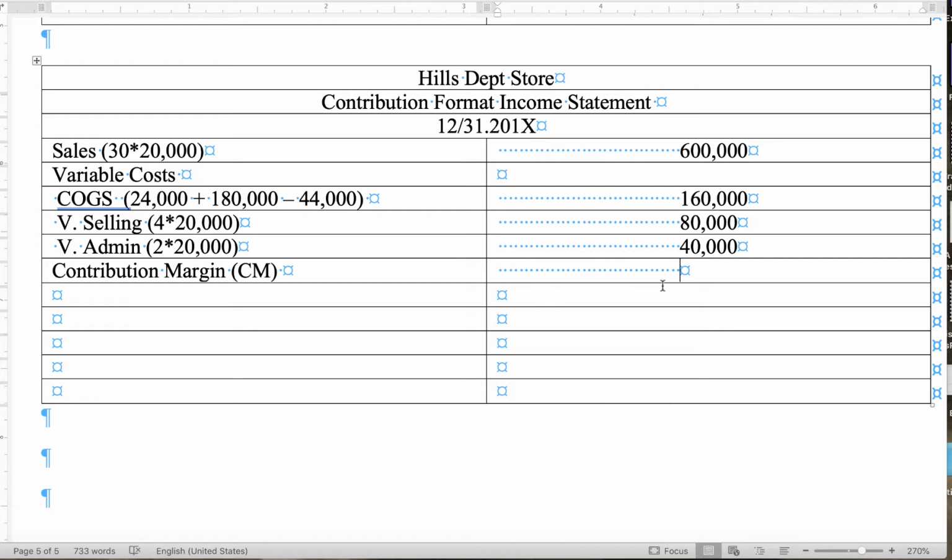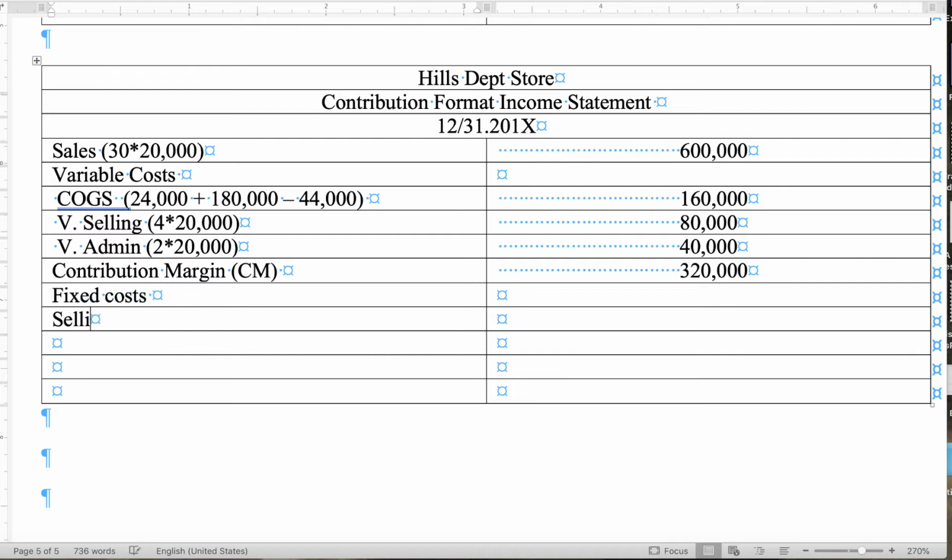Right now, it's important to know basically what the contribution margin is. Well, it's sales less variable costs. Okay, so if we add up all our variable costs, we have $280,000 of variable costs. The 160, the 80, and the 40. So if I take my $600,000 minus my $280,000 of variable costs, I end up with $320,000 of contribution margin. Okay, now we take all our fixed costs.